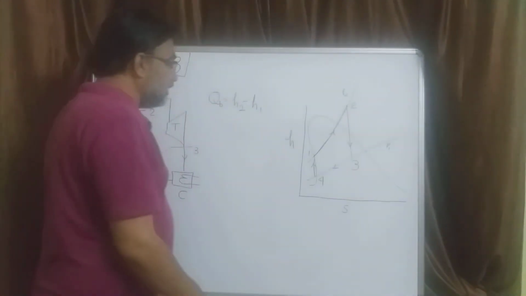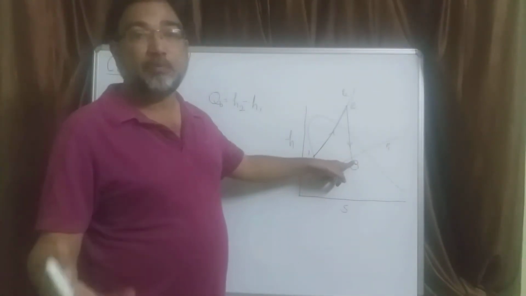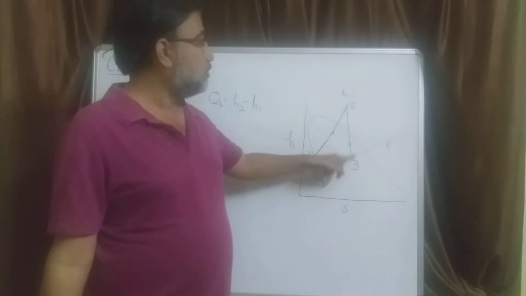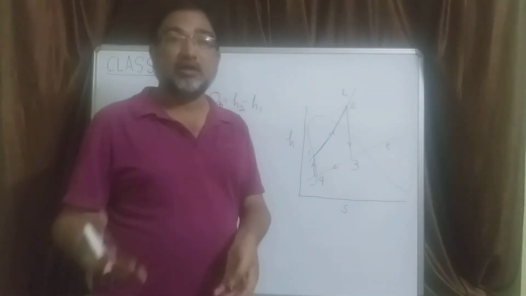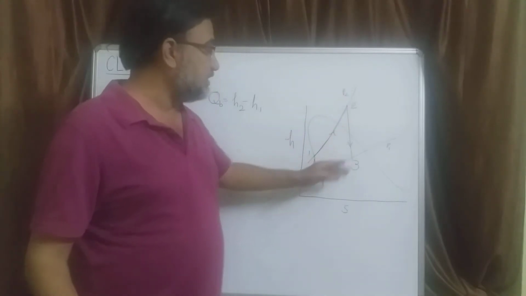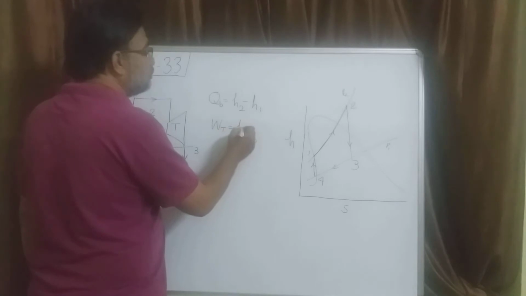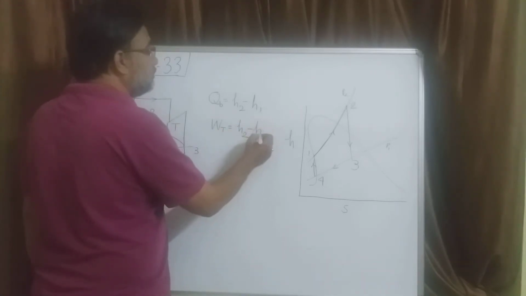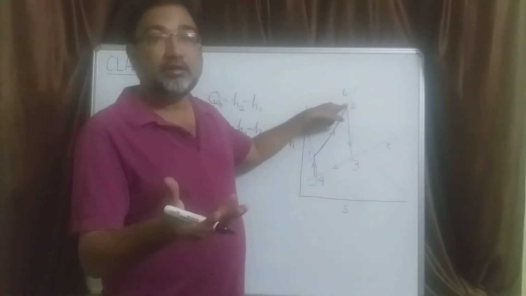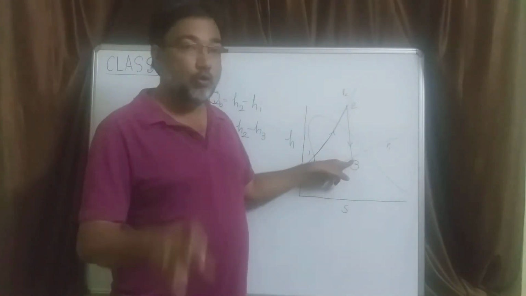Alright. Similarly, if I ask what happens inside the turbine, in the turbine steam expands reversibly and adiabatically. So what does it do? If something expands, then it does positive work. So what is the work done? H2 minus H3. So work done in the turbine is H2 minus H3, and this is positive work because H2 is the steam which has higher enthalpy content, and H3 is the steam which has lower enthalpy content.